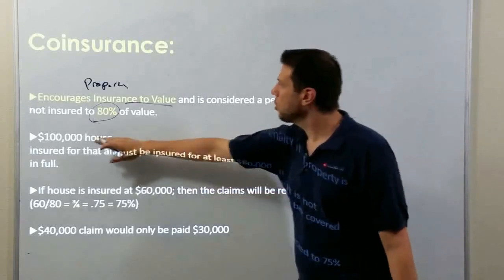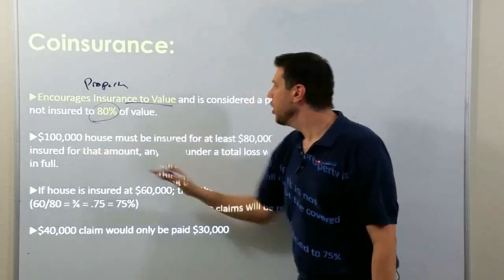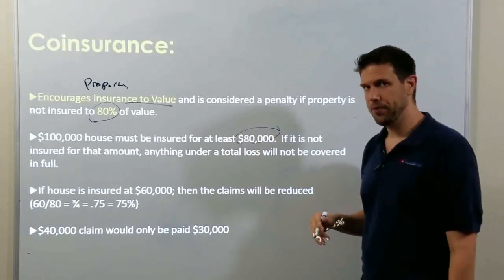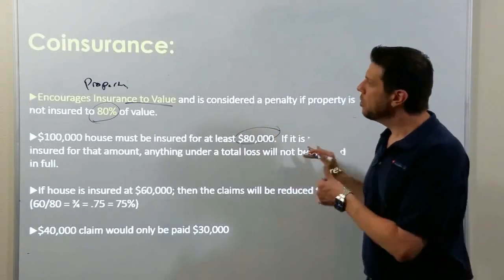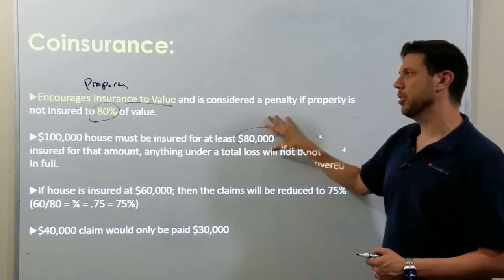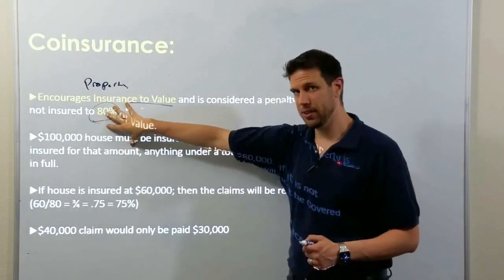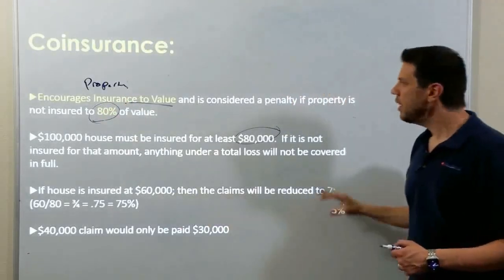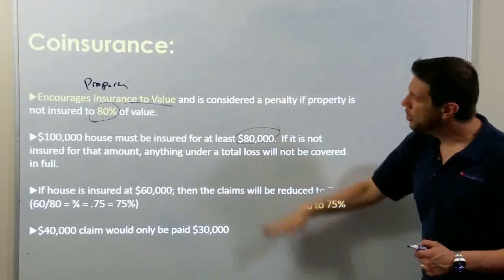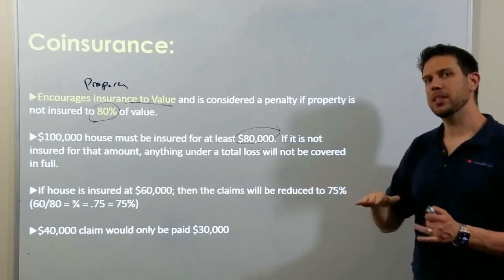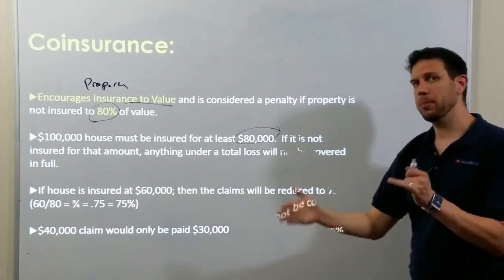So if a house is worth $100,000, you have to insure it for at least $80,000. Most insurance companies require you to insure property to at least 80%. If you insure it for under the 80%, your claims get reduced by a percentage.